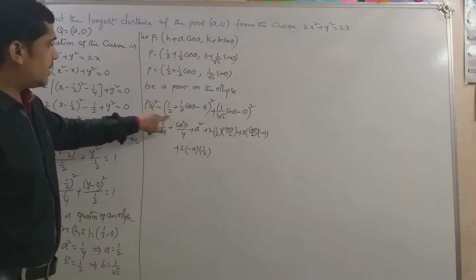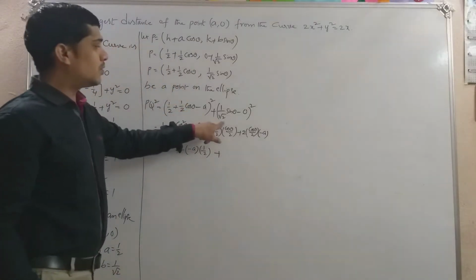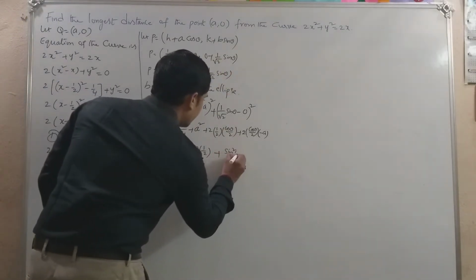So that is the expansion of (a + b + c)². Now (1/√2 sin θ)² is plus sin²θ/2.